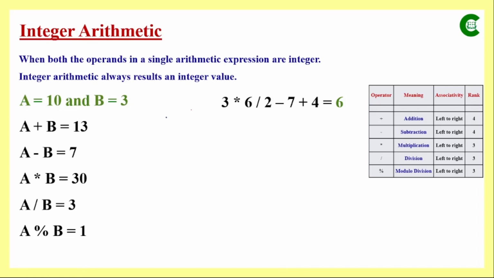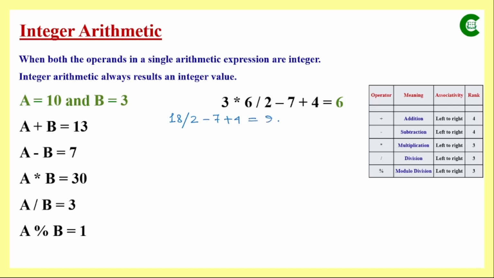So if we manually calculate this, then it will be 3 6s are 18. Then we will have the division operation, and then subtraction, and then addition. So multiplication is done, and over addition and subtraction, division has higher priority. So next division will be performed.